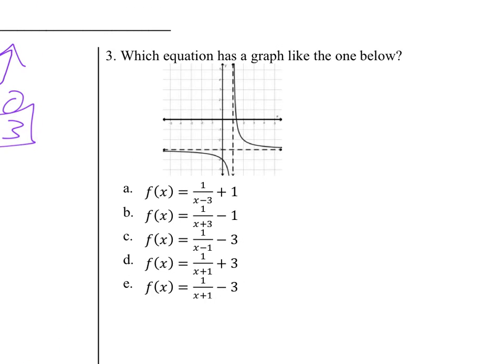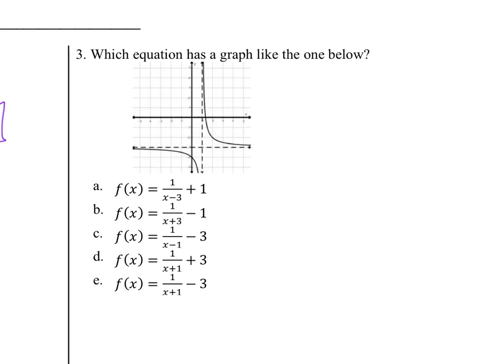All right, now we're going to look at number 3. Which equation has a graph like the one below? Well, first we're going to look at our asymptotes. We have an x equals 1 asymptote. If I subtract the 1, that's going to be in my equation, x minus 1.